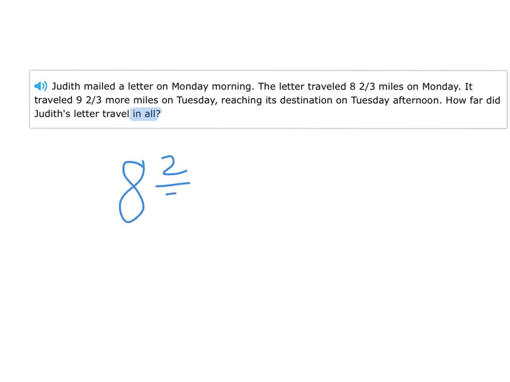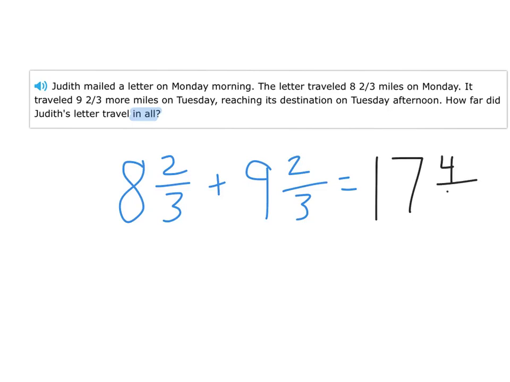8 2/3 and 9 2/3. Adding those whole numbers first, we're going to have 17 for our whole number, adding those fractions second, 4/3. Again, another improper fraction here with our whole number, so we're going to have to decompose. 3/3 is the 1 whole I'm going to pull out of that. 1/3 more makes up that 4/3.